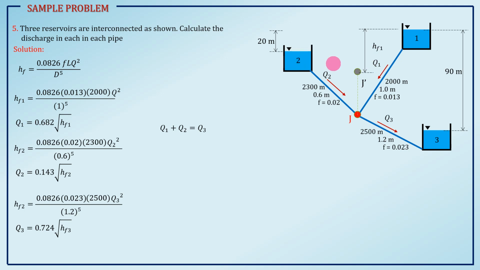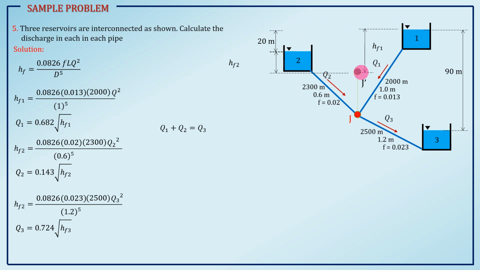So, we can now easily relate the distances. The change in elevation from your reservoir to the junction is the head loss. So, this is your HF1. Then, measuring here, we have HF2 and next is HF3. Now, we have this relationship.